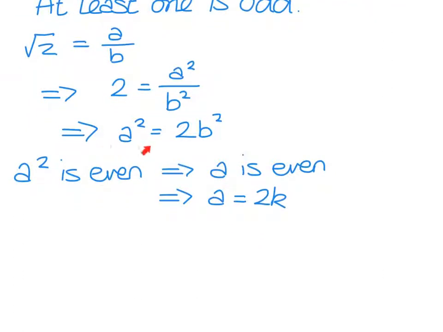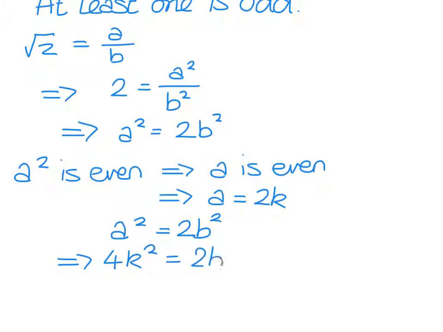Going back to this line here, let's sub in for a. So if a squared equals 2b squared, as a equals 2k, this implies that 4k squared equals 2b squared.